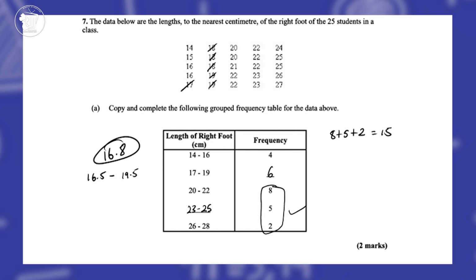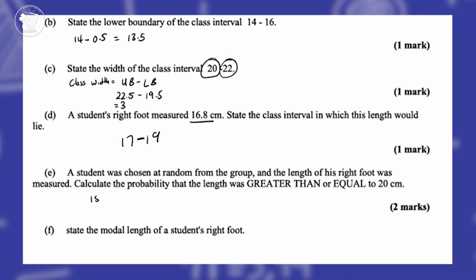In total, I have 15 students whose right foot is greater than or equal to 20 cm. So the probability would be 15 over the total number of students, which is 25. I can break this down: 15 divided by 5 is 3, 25 divided by 5 is 5. So this will be 3 over 5.